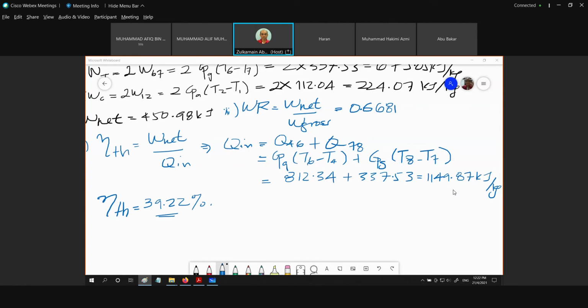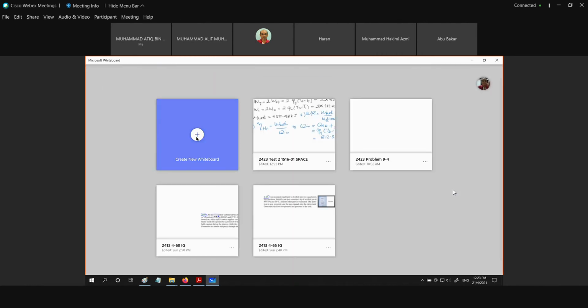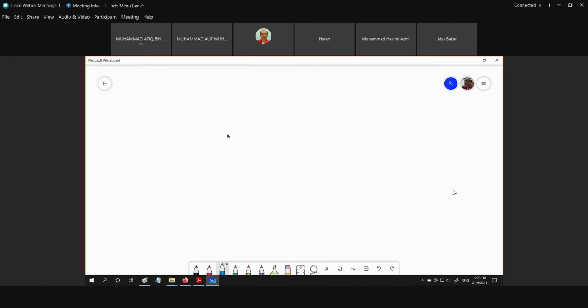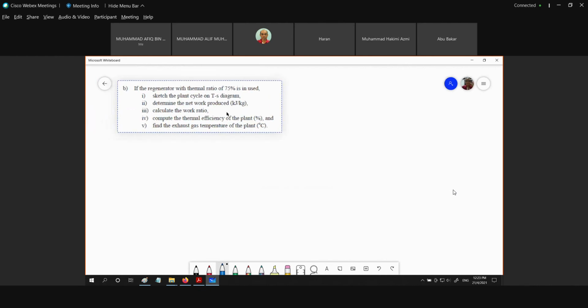So we have to take into account the T5 and also the T10. Again, we need to sketch the TS diagram. Okay, let's sketch the TS diagram.